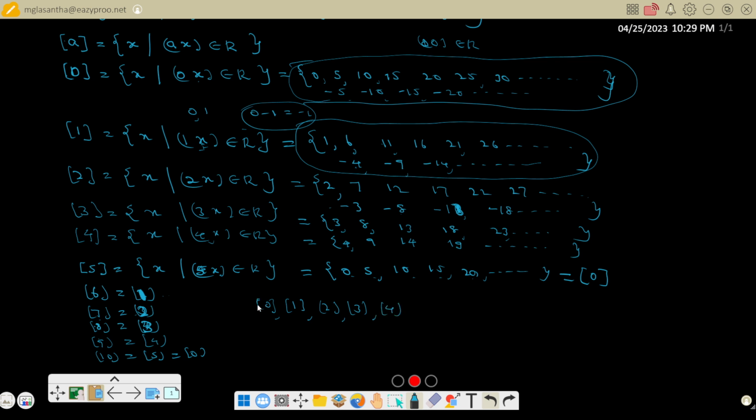These are the 5 partitions, only 5 partitions. Not more than 5, not less than 5, only 5 partitions.